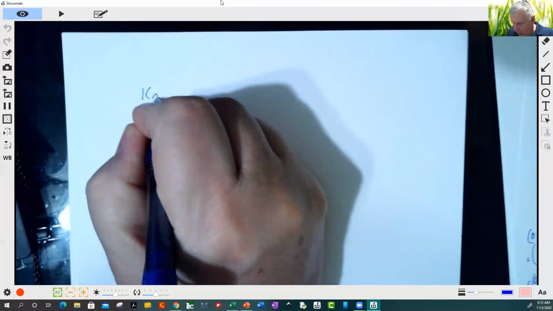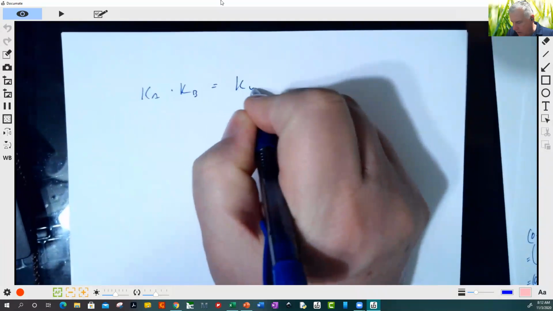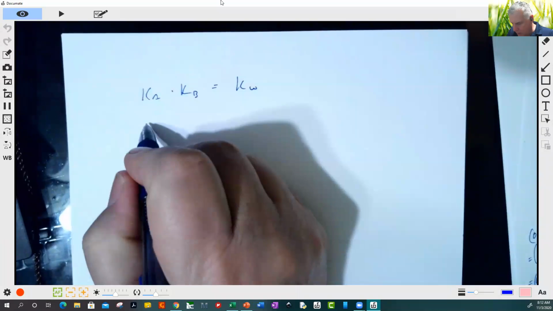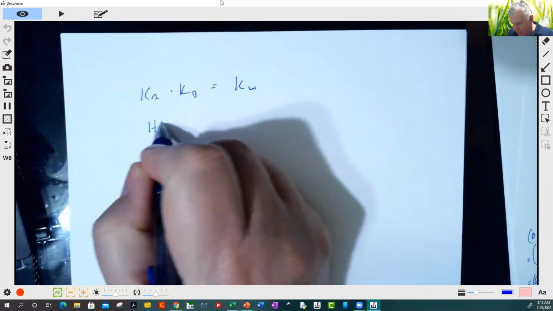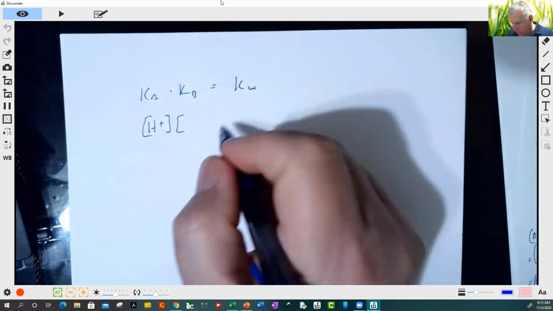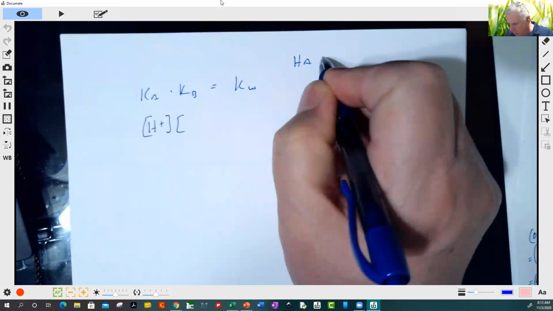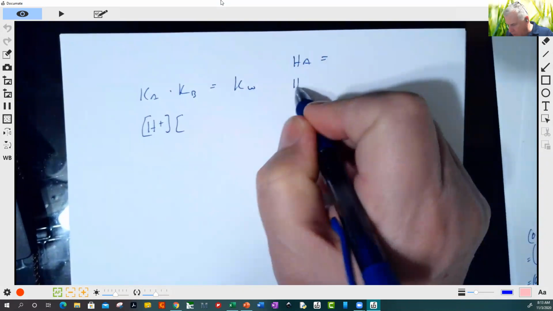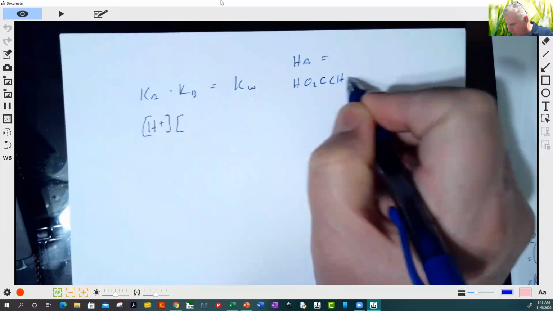So we've got Ka times Kb equals Kw. This Ka is H plus times A minus, right? And HA here is equal to HO2CCH3.